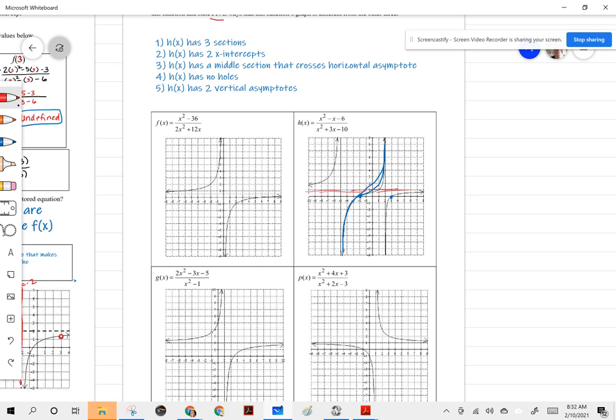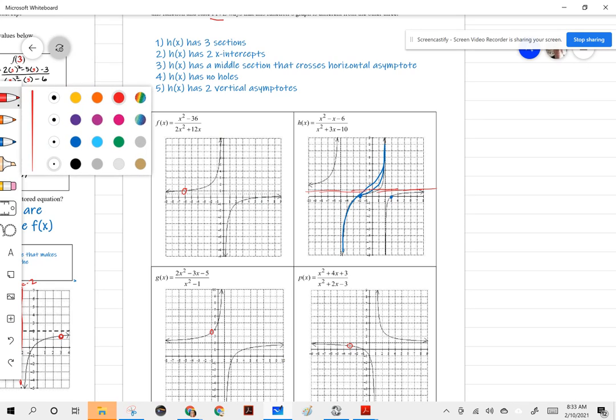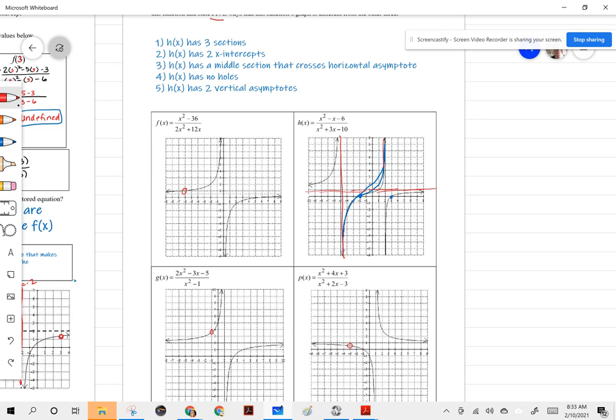So I think there's a horizontal asymptote right here. And then h of x has no holes, where the other graphs have holes in their graphs. And h of x has 2 vertical asymptotes. So there's a vertical asymptote here, and there's also one there.